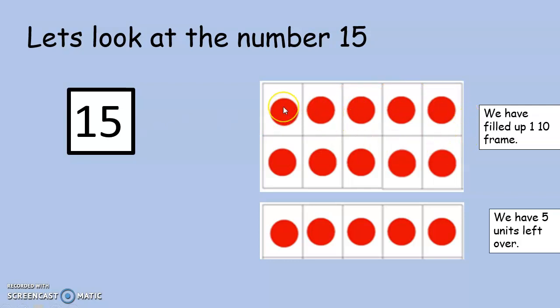Can we count these counters? 1, 2, 3, 4, 5, 6, 7, 8, 9, and 10. So using counters, we have filled up one 10 frame. What about this number? This is 5. 1, 2, 3, 4, 5. We have 5 units left over.